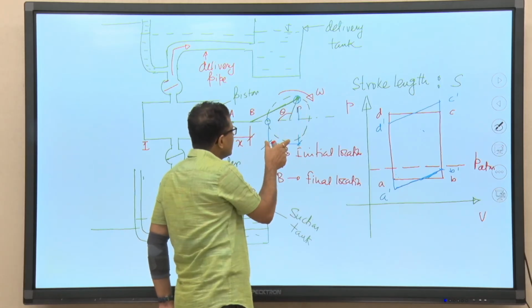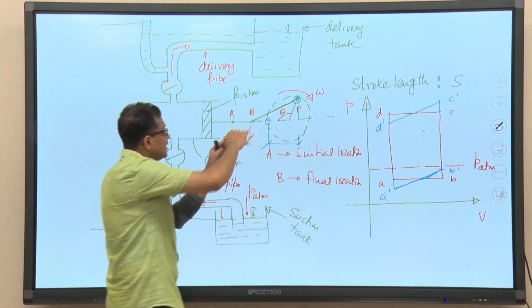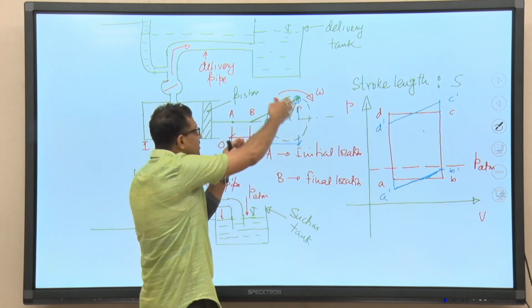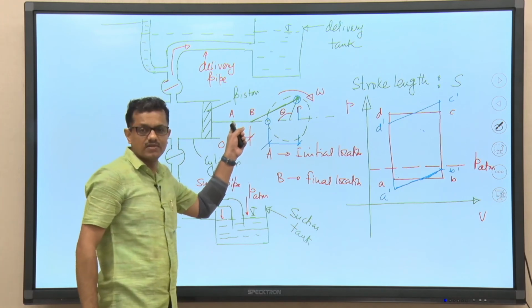What is the linear displacement of the crank if we try to calculate? The rotational speed of the crank is converted to linear movement, and that is why this connecting rod mechanism is there.